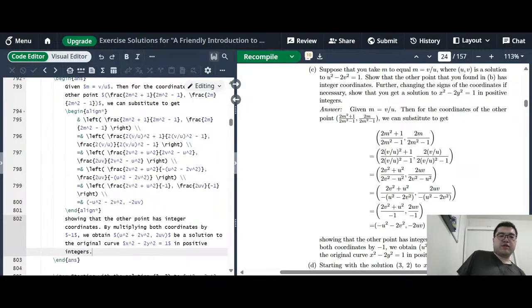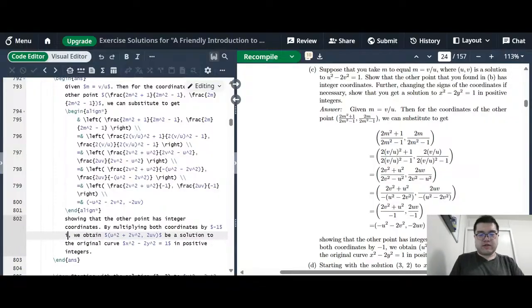Now again, this is actually a little bit tricky in some sense. We actually can, by multiplying if needed, obtain this absolute value.